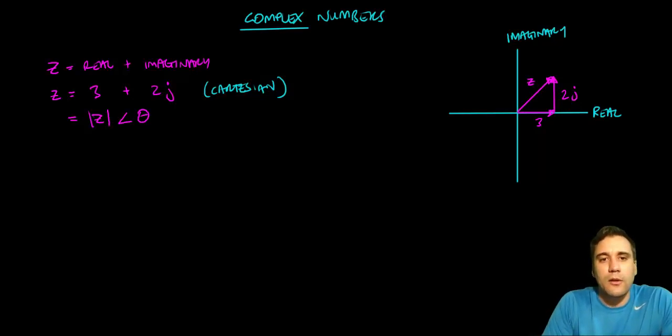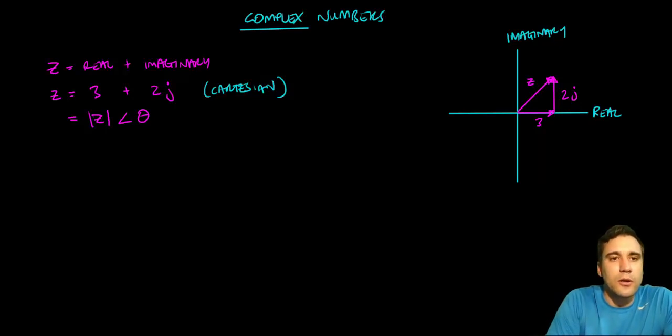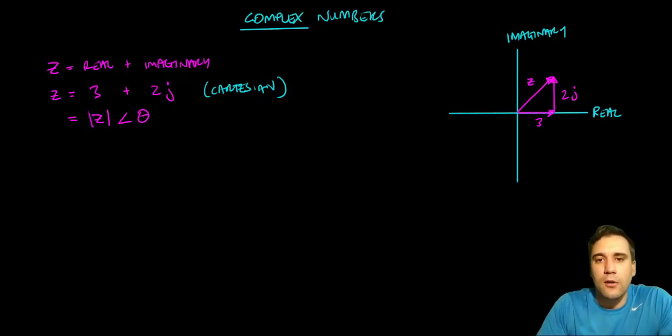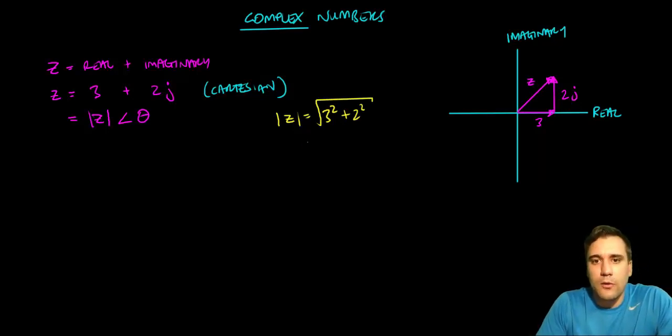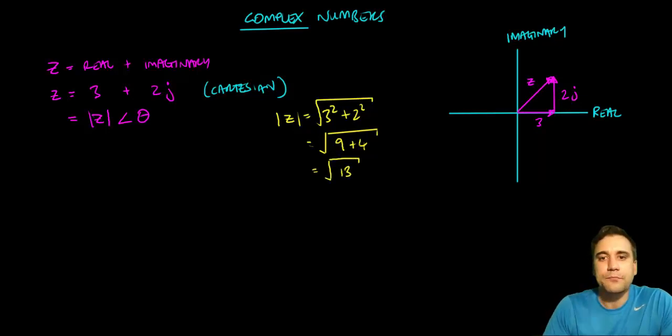In this case the magnitude of z, if we just do a little bit of side working over here, would be equal to the square root of 3 squared plus 2 squared, and hopefully that's familiar from the last video, which is going to be the square root of 9 plus 4, which is equal to root 13.